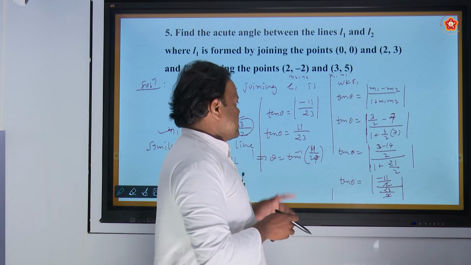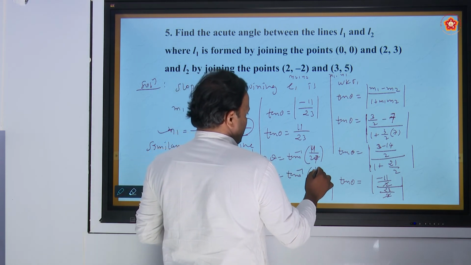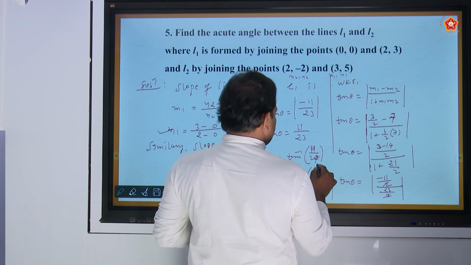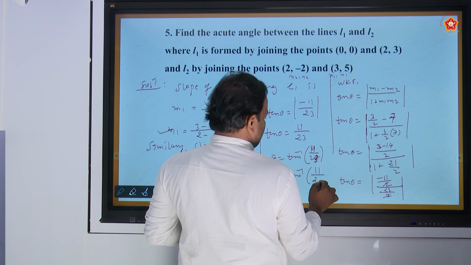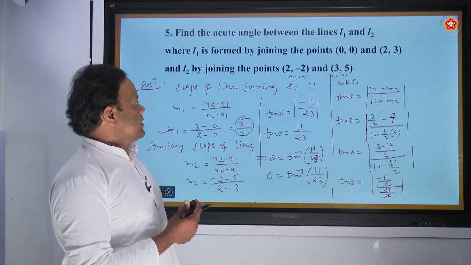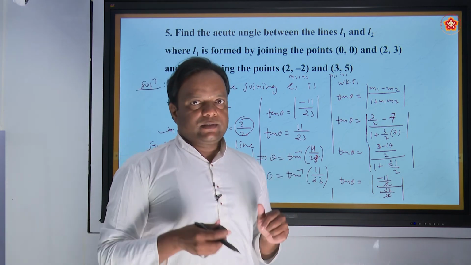This is the answer, theta is equal to tan inverse of 11 by 23. This is the angle between the two lines L1 and L2 joining the given points.